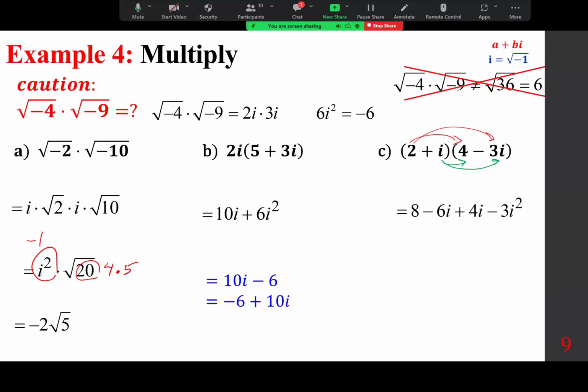And of course, we can add these two. And we are going to change this to plus 3 because i squared is negative 1. So we get 8 minus 2i plus 3, or 11 minus 2i. Yeah, pretty straightforward, everybody.